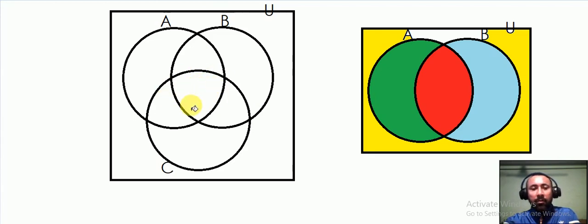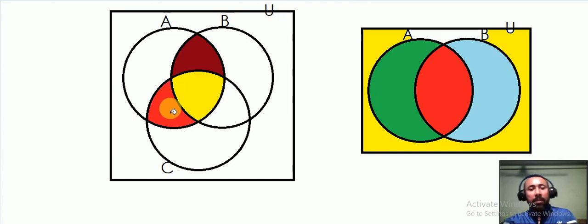This is the region from where we start to insert the elements, and this region is A intersection B intersection C. And then we move to the next region, this one, that is n not A intersection B. So the whole region is A intersection B, and from A intersection B, if we take out A intersection B intersection C, then we get n not A intersection B.